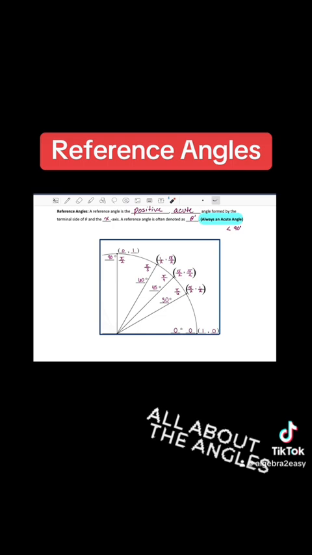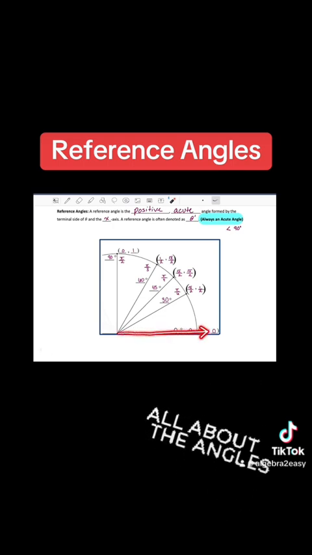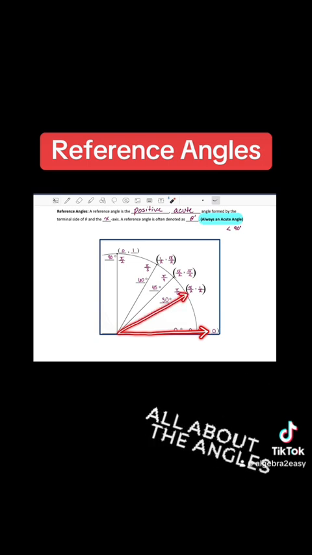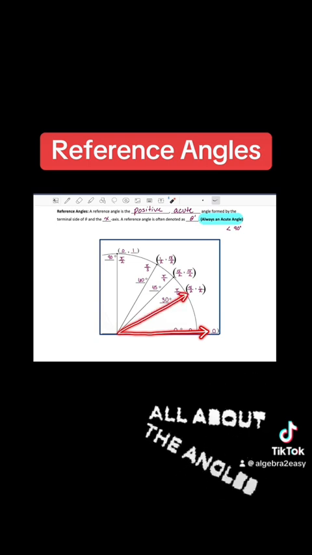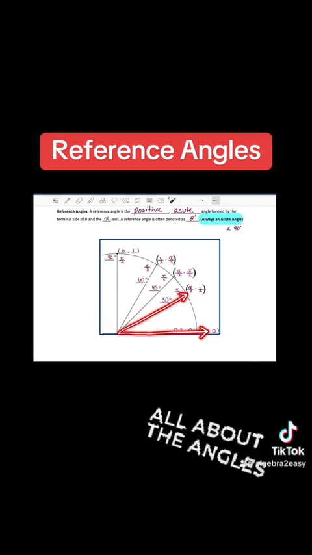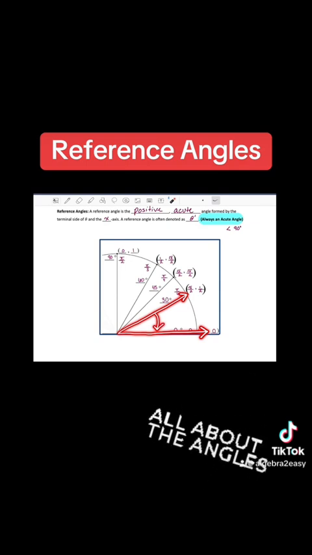What it's talking about is when you sketch an angle. So for instance, there's my initial side. Let's say I wanted to sketch a 30-degree angle. There's my terminal side. The reference angle is the distance formed from the terminal side back to the x-axis. So then we just need to calculate how many degrees or how many radian measures that is.